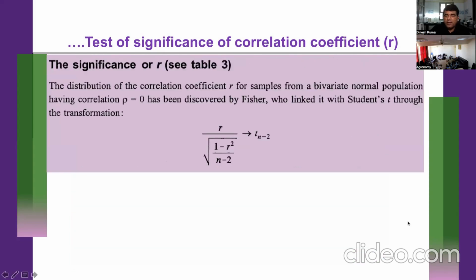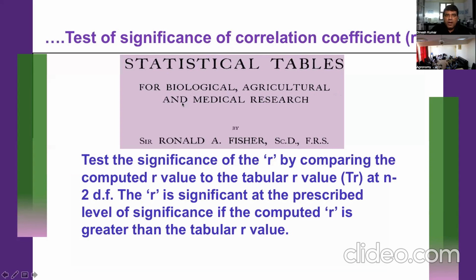Now another method is given by Fisher. It says the distribution of correlation coefficients are for samples from a bivariate normal population. You don't bother about it. What Fisher has done is given the r table. You have t tables also. Similarly, correlation coefficient tables are available.